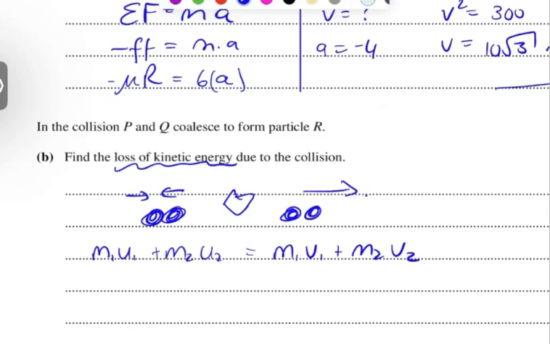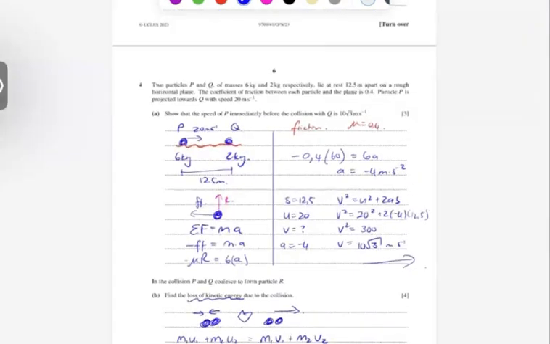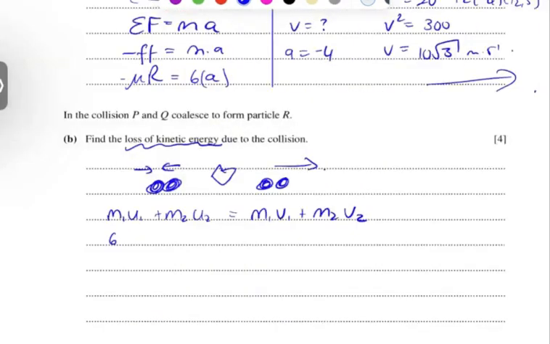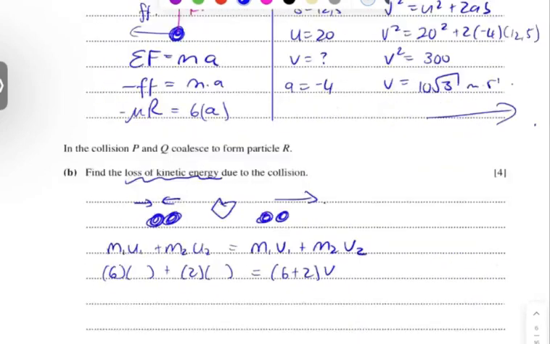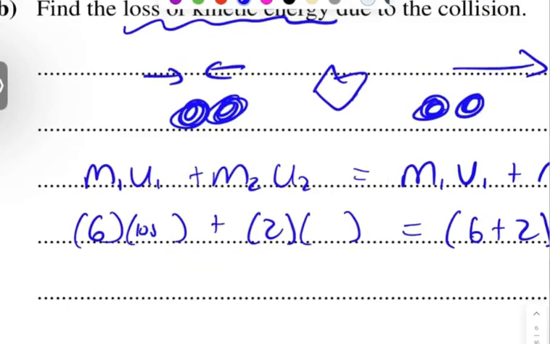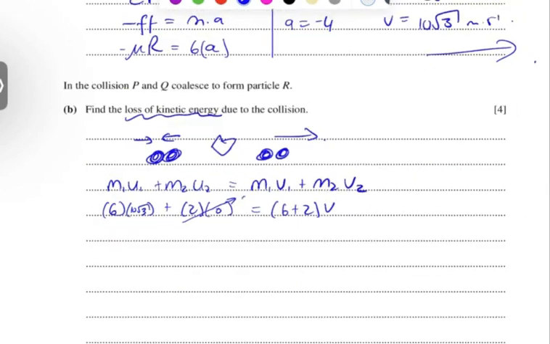Here we've got our masses, 6 and 2. And here 6 plus 2, they combined. P hit particle Q at a speed of 10 root 3, and Q was actually at rest, so that's technically 0.